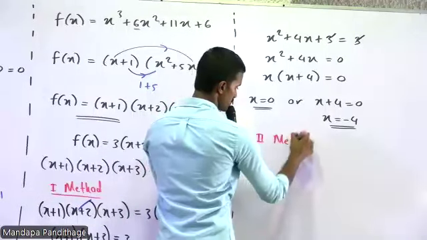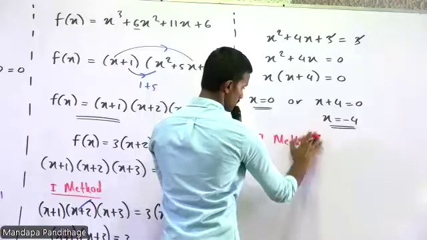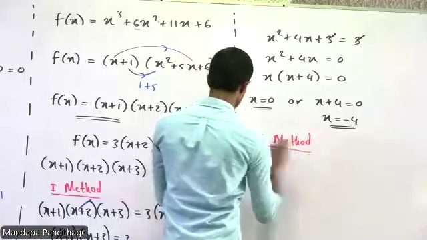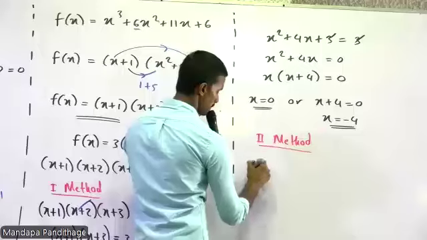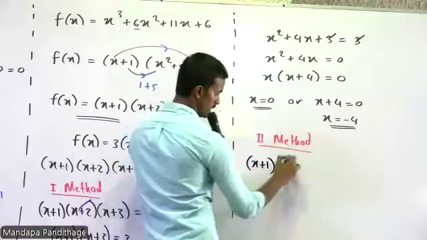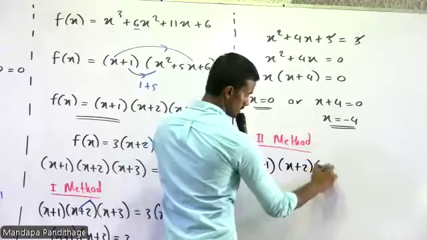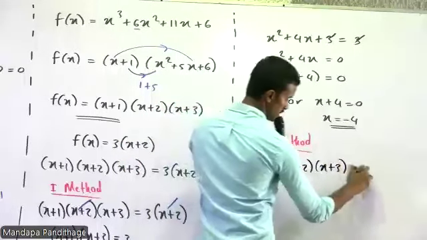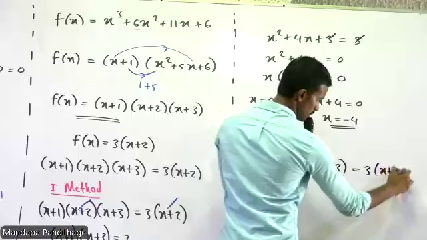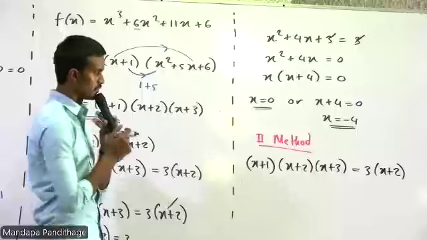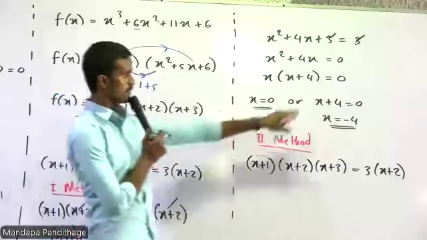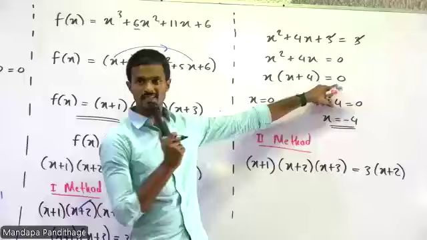So what is the other method I noticed? Some students have x plus 1, x plus 2, x plus 3 equal to 3 times x plus 2. Now listen to this clearly. They know that when solving equations, one side should be 0.